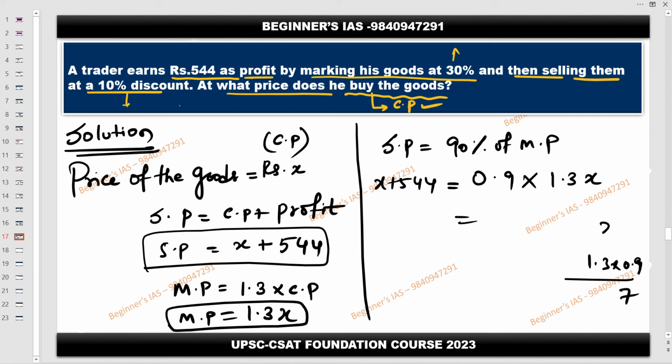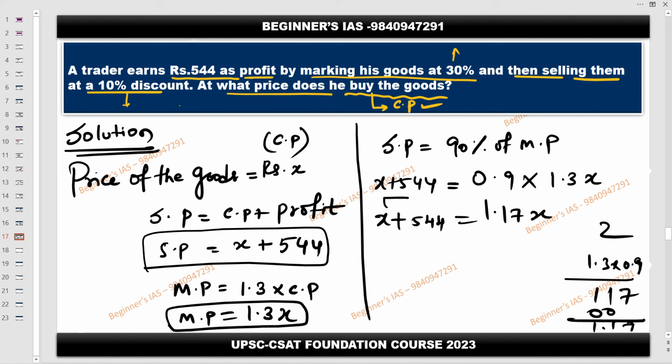So therefore 1.17x. So therefore 1.17x equals x plus 544. Then calculate this. So how could you calculate this?